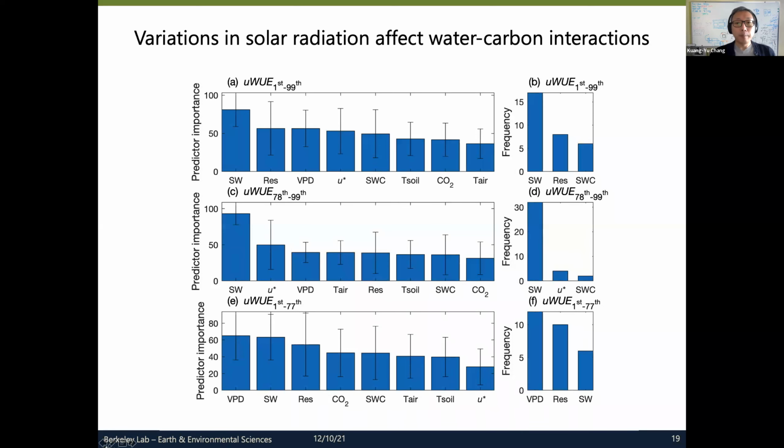And because the ecosystem scale water use efficiency is sensitive to short-term favorable weather conditions, water use efficiency values and trends inferred from eddy covariance measurements cannot be directly compared with those inferred from the leaf scale measurements. And we should also recognize this during model benchmarking.